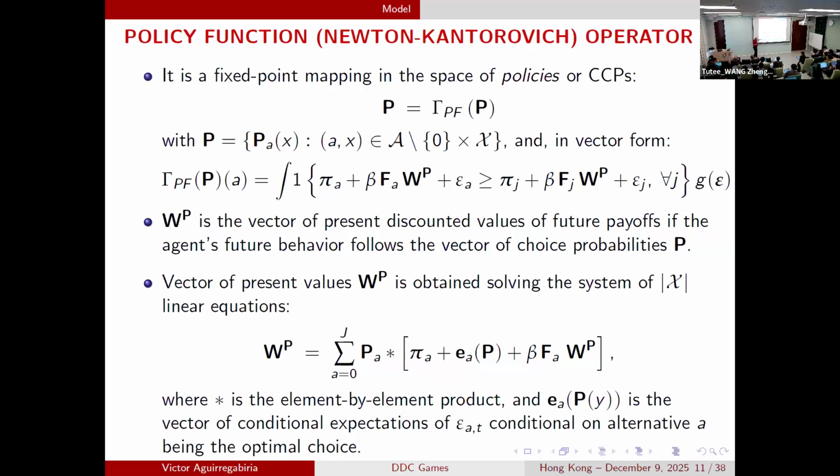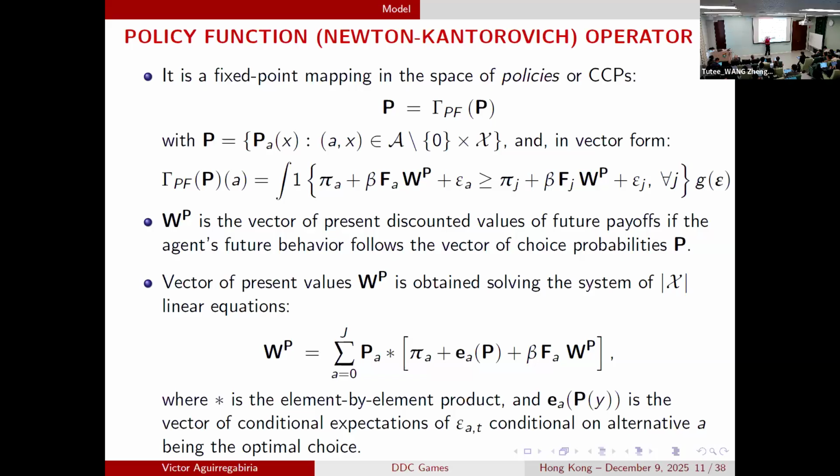Mathematically or numerically, that involves basically solving this system of linear equations. This is the vector of values, a vector for each value of X, given an arbitrary vector of choice probabilities for every action and every state. And basically, this is an element by element product. These are all vectors.